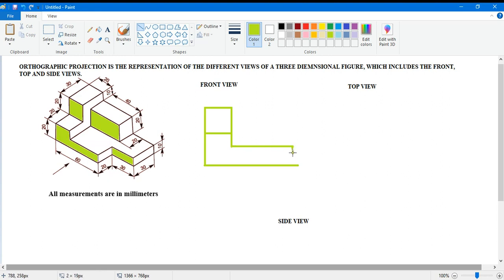What I am seeing here is the green. Okay, this is the front view.